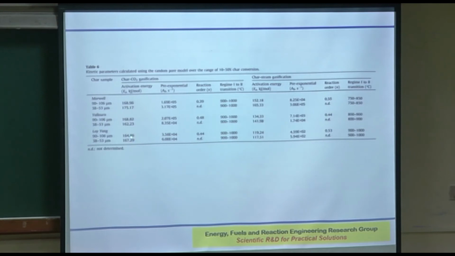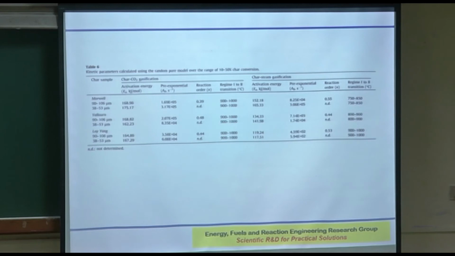So this is the most important bit that we are concerned about. They are more or less the same, right? Whether small particle or large particle, for all practical purposes they are the same.